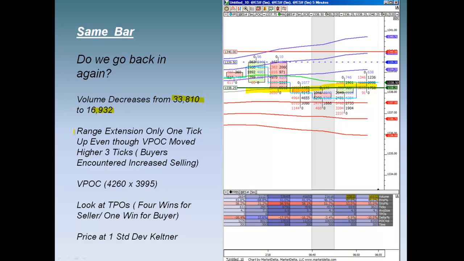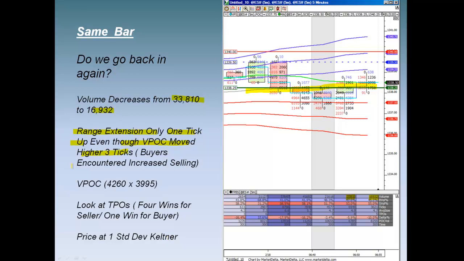Now let's take a look at our range extension to the upside. Only 1 tick up, even though the POC moved higher 3 ticks. So the volume point of control moved higher, yet it was not able to push the range any further up than just 1 tick.